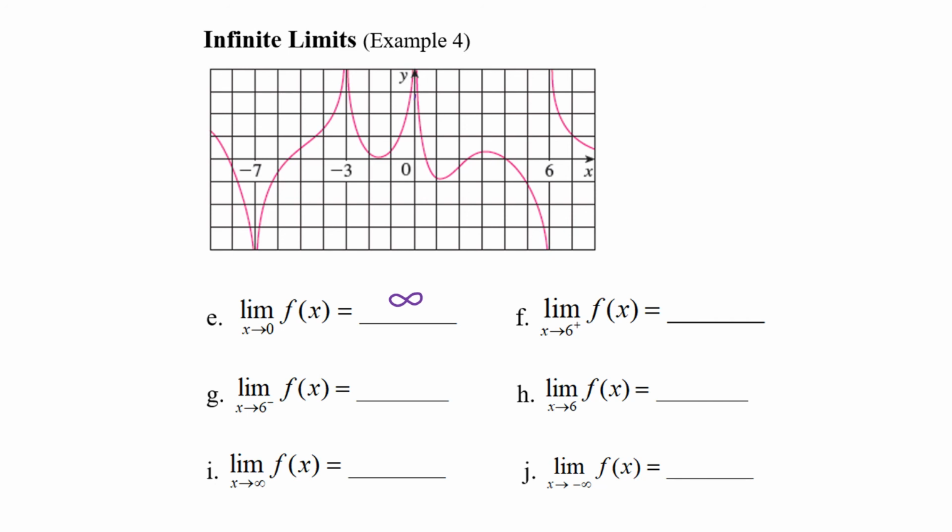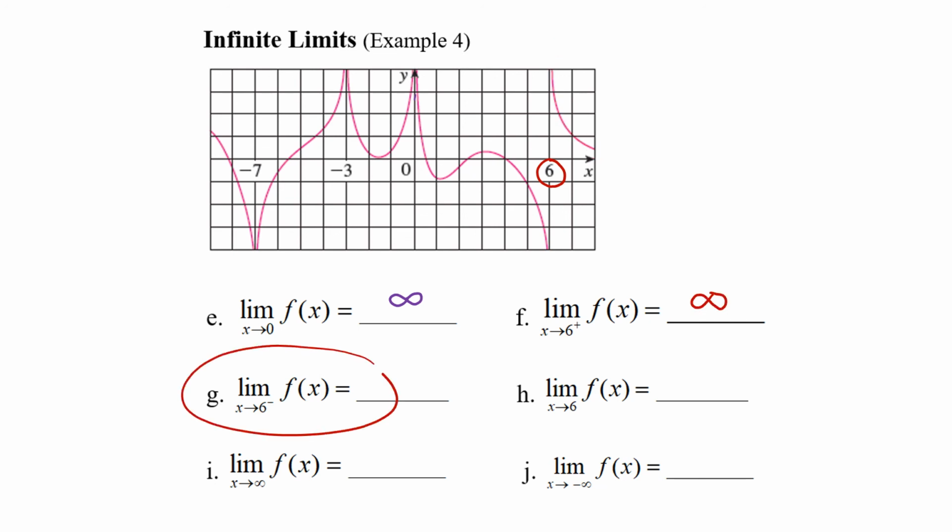Now we'll look at the limit as x approaches 6 from the right. Starting with that right-hand side, I again have an asymptote, and from the right, I'm approaching positive infinity.